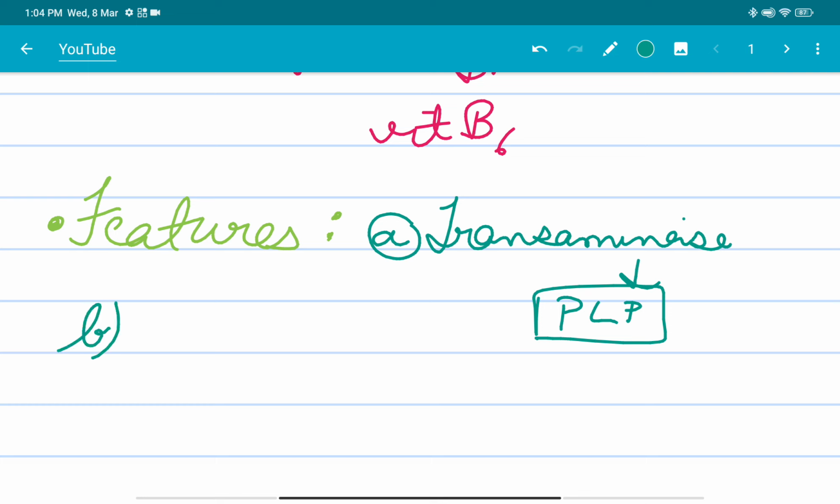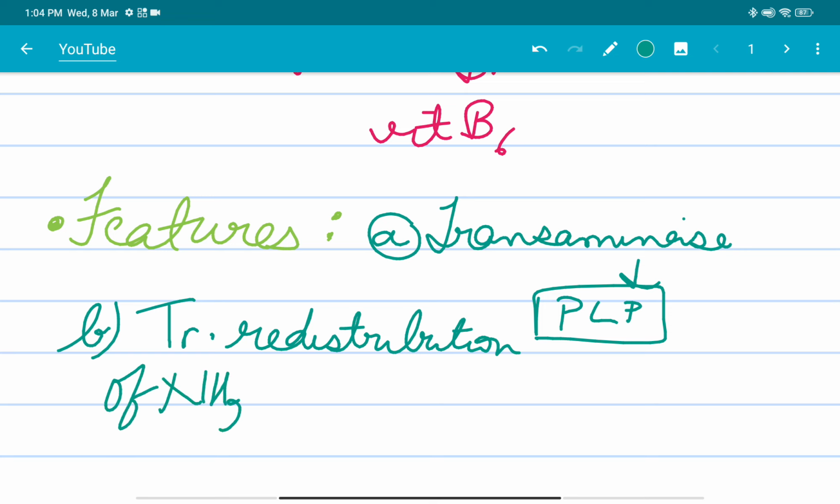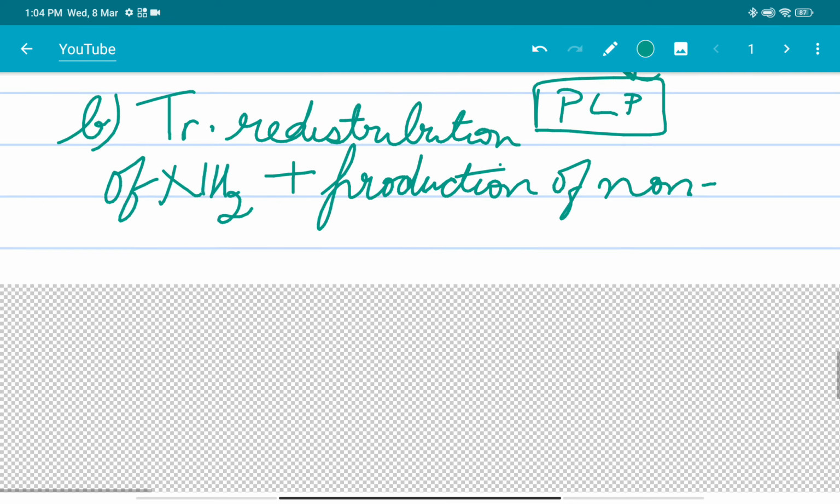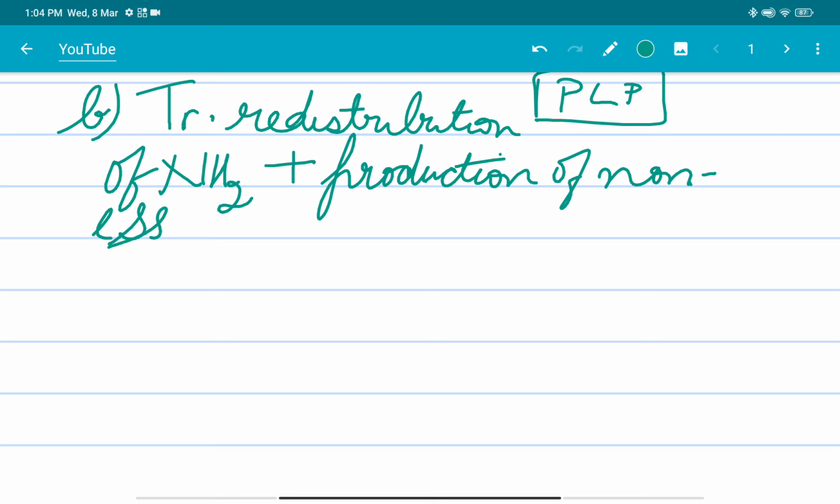Next point is that the process called transamination is very important for the redistribution of amino groups, plus it is very important for the production of non-essential amino acids, as the non-essential amino acids will form from the keto acids.